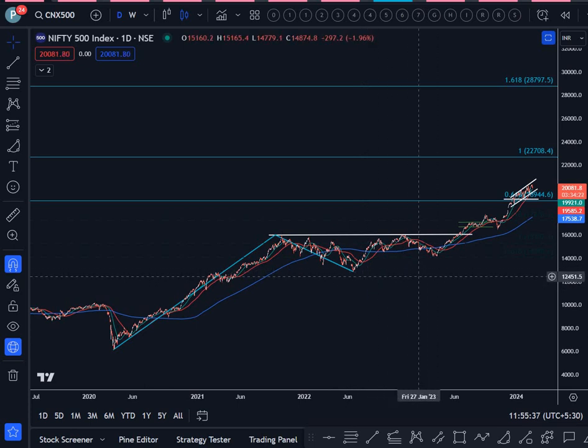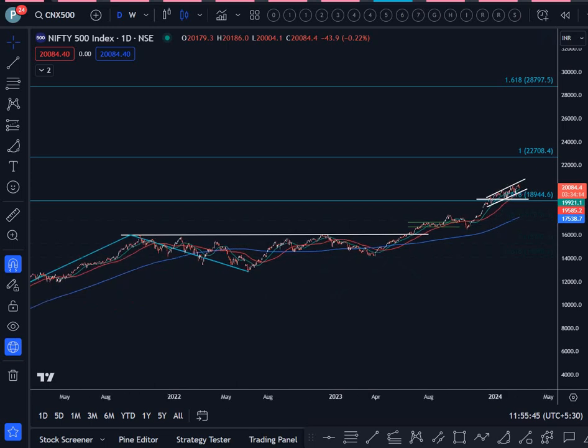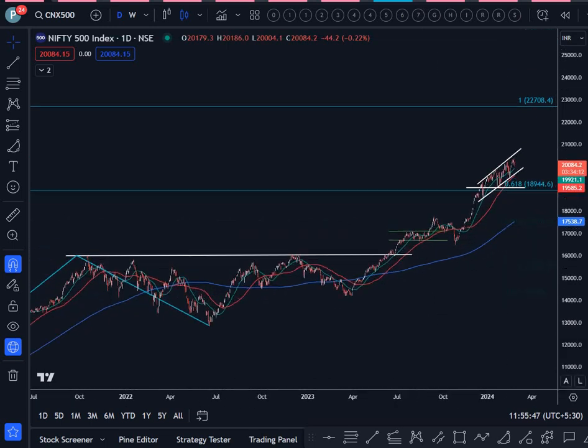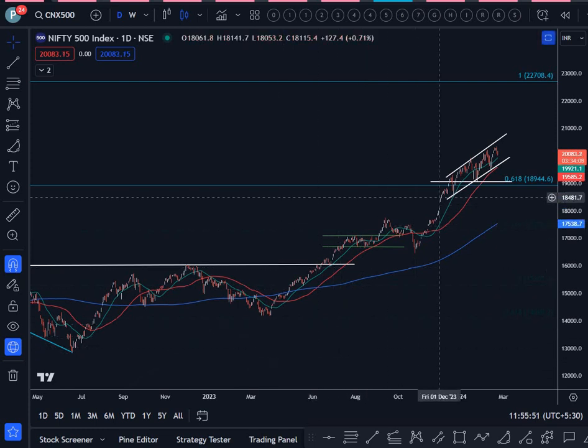And it took quite a bit of time consolidating, and then finally it gave a breakout in June of 2023. Since then, Nifty 500 has been in a clear uptrend, and that's where it is even right now.